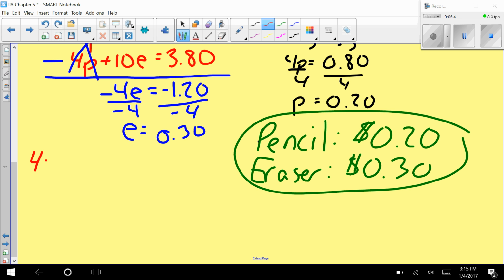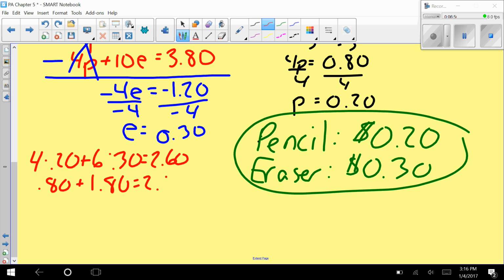4 times my cost of pencils, which is 0.20, plus 6 times 0.30. Hopefully that equals 2.60. 4 times 0.20 is 0.80, plus 6 times 0.30 is 1.80. 0.8 plus 1.8 is 2.6. So it works.